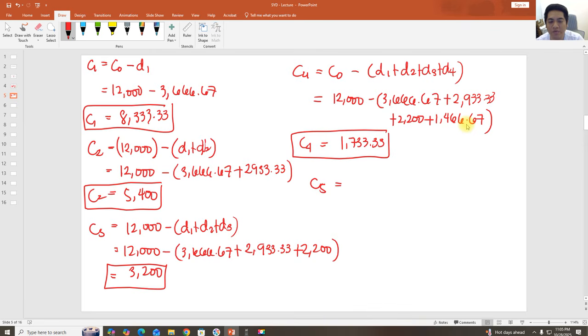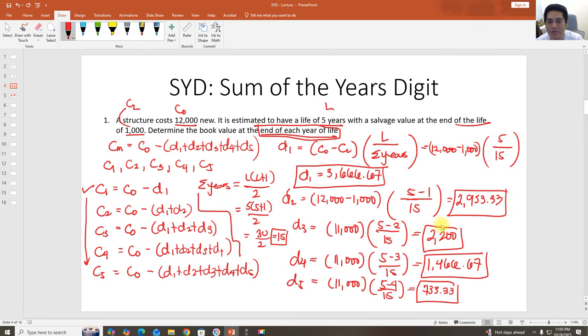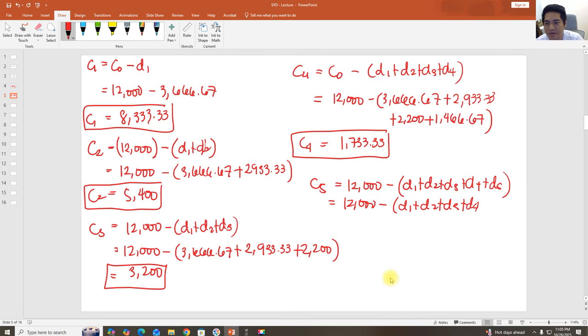For the last one, for the book value, we have 12,000 and of course minus D1 plus D2 plus D3 plus D4 plus D5. So we have 12K minus, of course, I will not rewrite all of those because it would take me too much time. So I will just be writing D sub 5 plus 733.33.